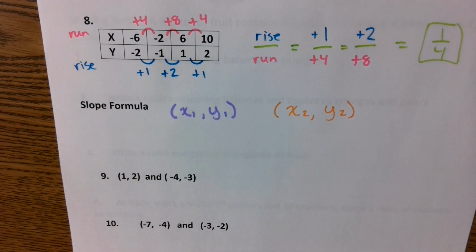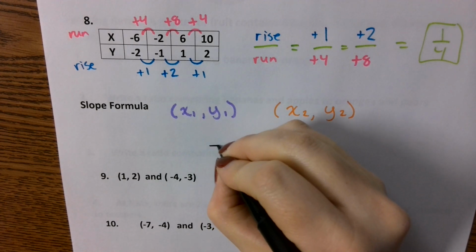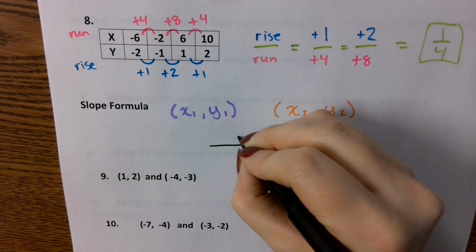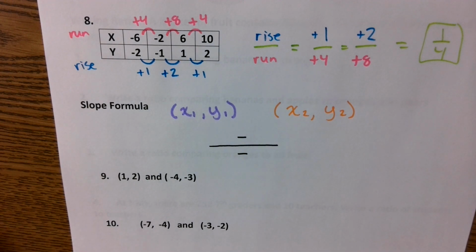When you are doing your slope formula, order matters. The order that you are doing this matters. You cannot just randomly assign different orders. You will get it wrong. Okay? So when you're doing your slope, it is a subtraction problem on both the top and the bottom. On the top, you are subtracting your y's.